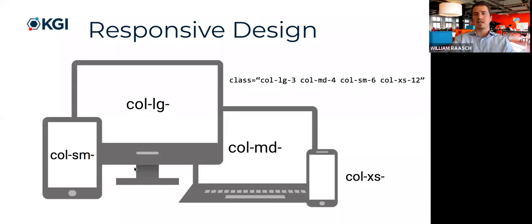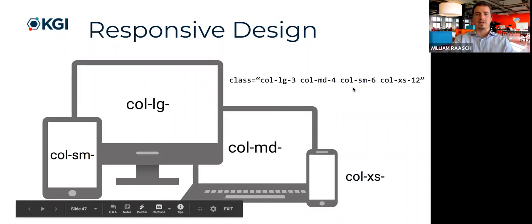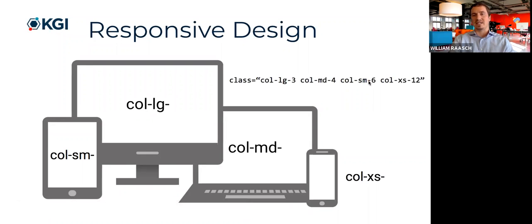So if there's 2 columns on the big screen, that would be what they designate as a 6. And then to go to the 1 column, they designate it as a 12. So again, it's a little bit abstract here, but it'll make sense once you start to go through that Bootstrap training on the Codecademy. That'll explain in a little bit more detail what these actually look like in practice.